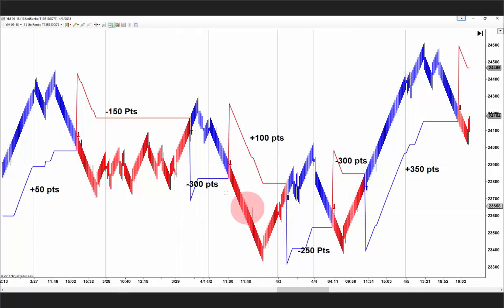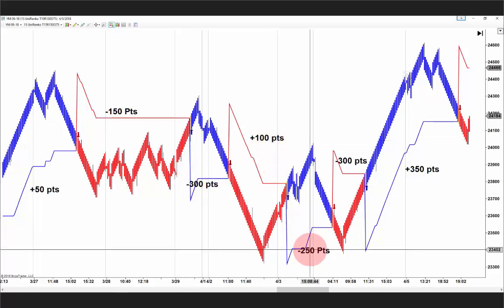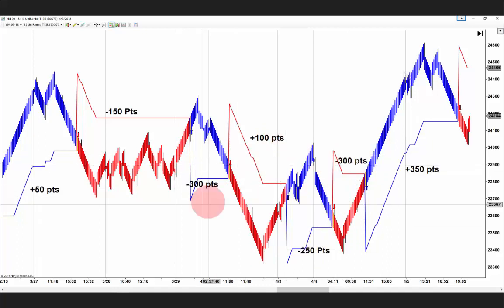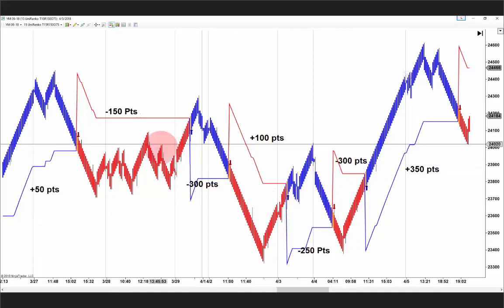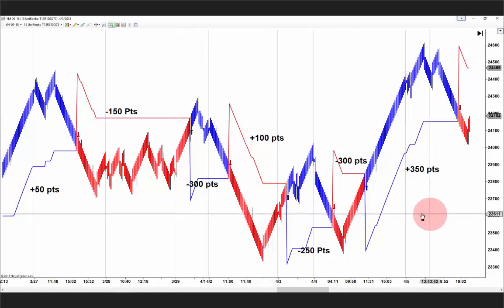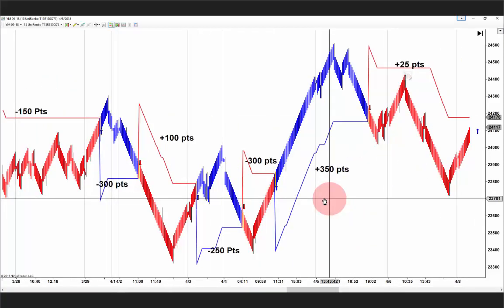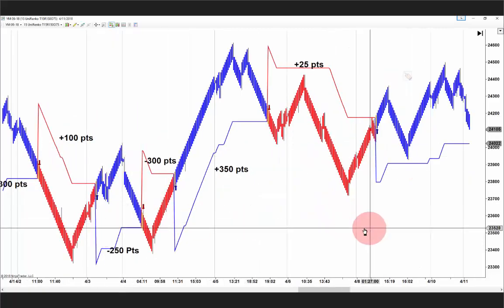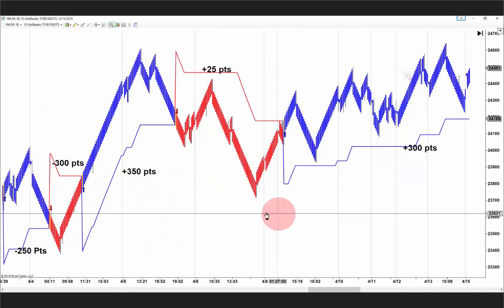But it's not too bad when you consider the size of some of our wins. The drawdown here looks like 450 back to 350, 5, 6, 7. So we're looking at a drawdown of like 900 points, so that's a pretty healthy drawdown. And that's the only point over the 6.5 months that type of drawdown occurred with this system configured in this fashion.